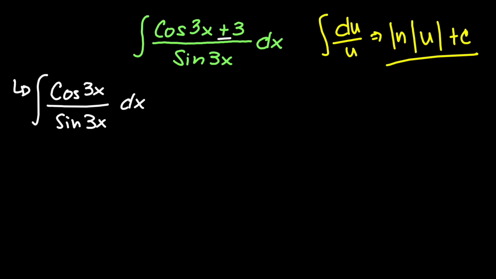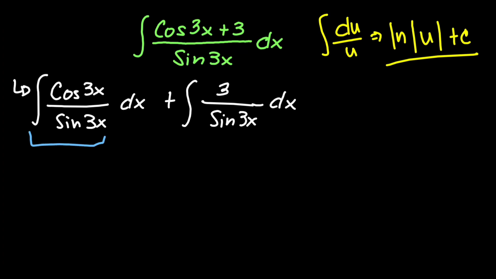Since this is addition, this would be plus the integral of 3 over sine of 3x dx. So in this case, for the first part, you can use u substitution. Focusing on the first part first, let u here be sine of 3x.